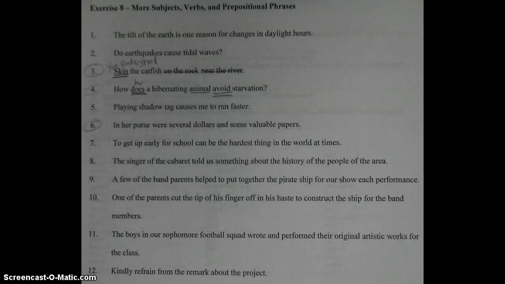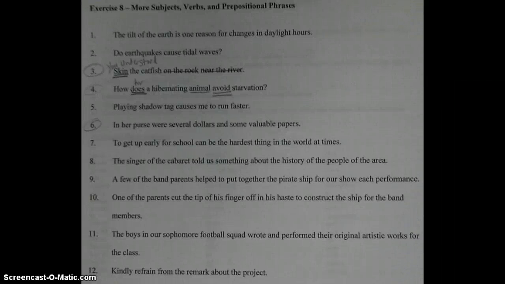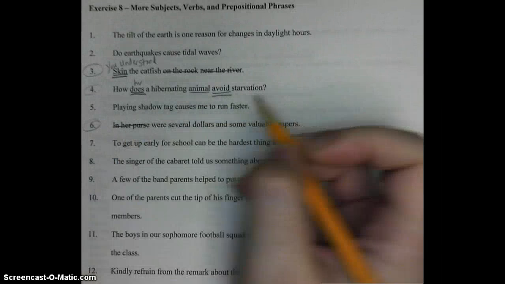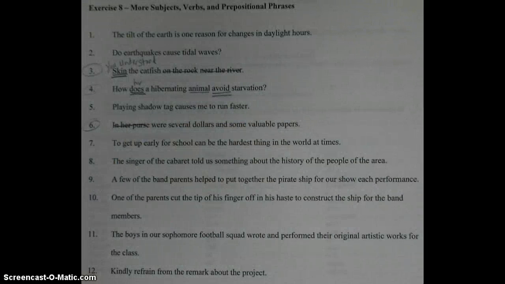Number 6. In her purse were several dollars and some valuable papers. First thing I'm going to do is look for the prepositional phrase. In is a preposition. In her purse is a prepositional phrase telling me where the dollars and papers were. So I'm crossing that out.